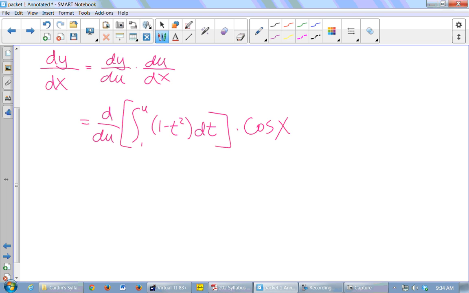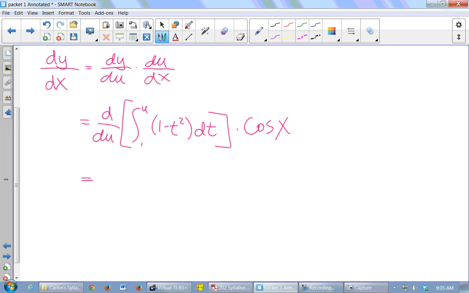So this now matches perfectly fundamental theorem part 2. Usually says d dx of 1 to x, but the variable name is not important. So this is the derivative of the antiderivative of this function. So what should the answer be? One minus u squared, yeah.